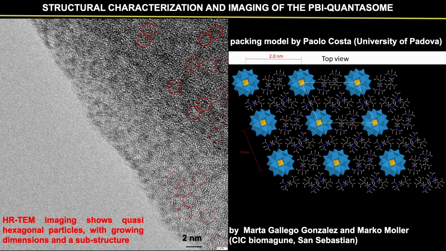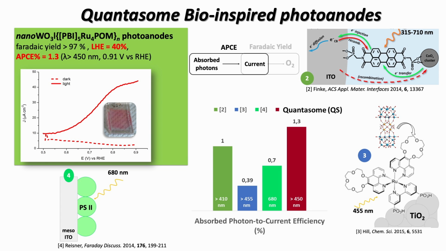And this is also the high resolution TEM, where you can see the polyoxometalate that is really surrounded by the perylene bisimide antenna. And in this kind of arrangement, of course, we have a high concentration of the exciton density close to the catalytic core, right?